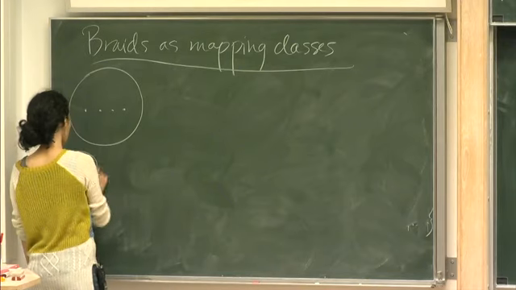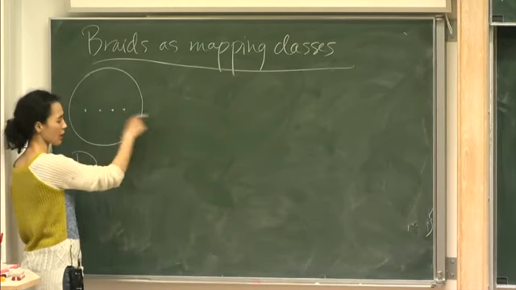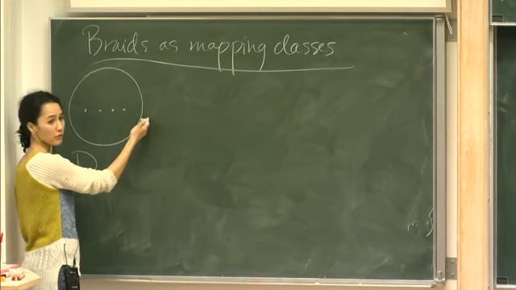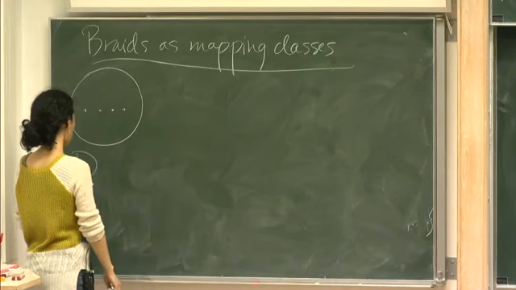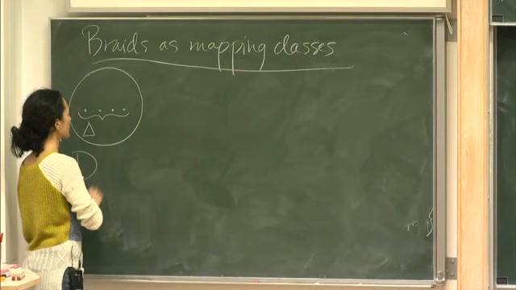Well, if you have the n-punctured disk, where the n punctures are arranged horizontally like this, so they're ordered from left to right. And let's call the set of endpoints delta.